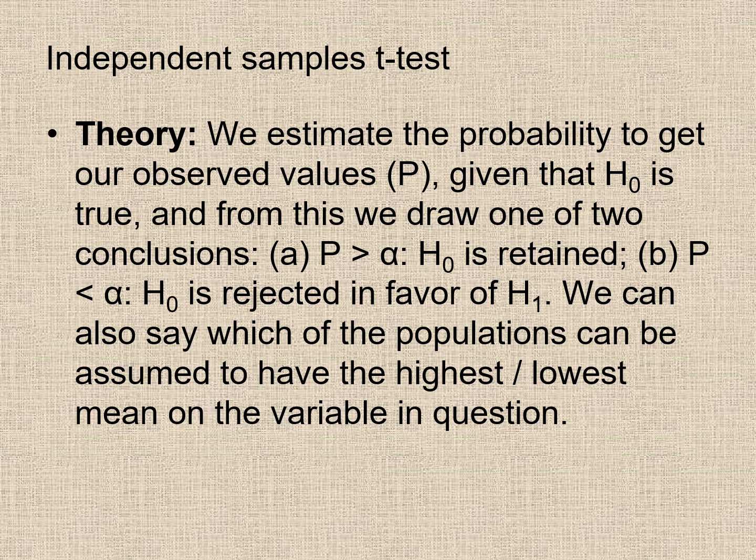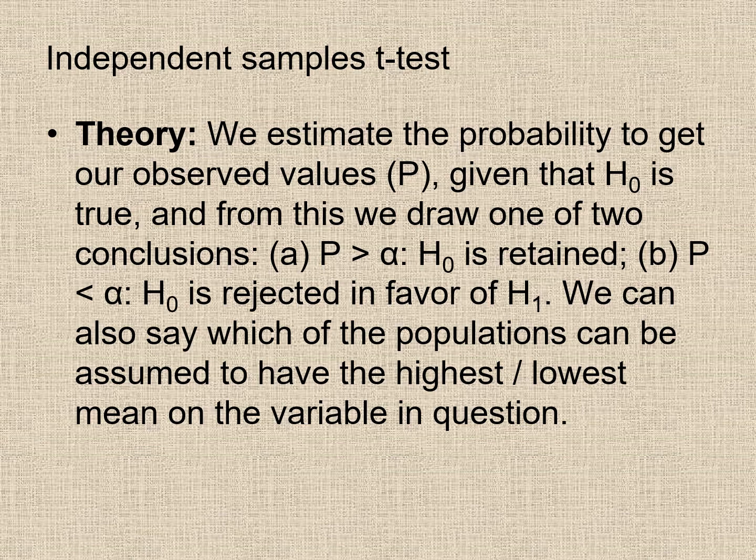We say that the two populations could have the same mean on this variable. We don't claim to have proven that they have the same mean. It's just that we cannot with enough confidence claim that there is a difference between the population means. Therefore, we have to retain the null hypothesis.